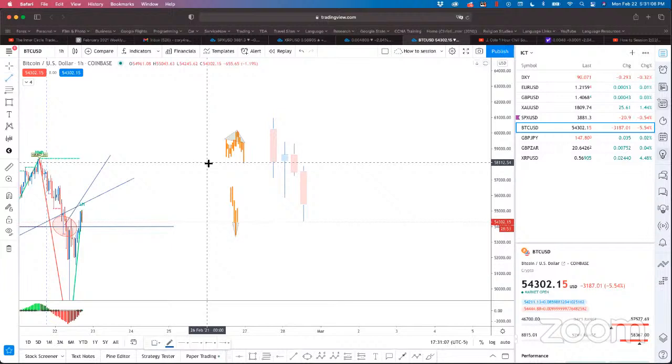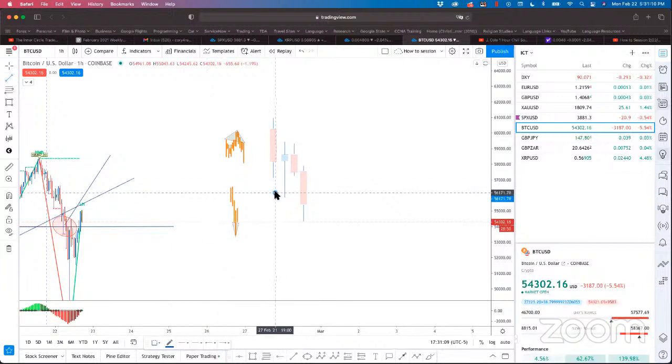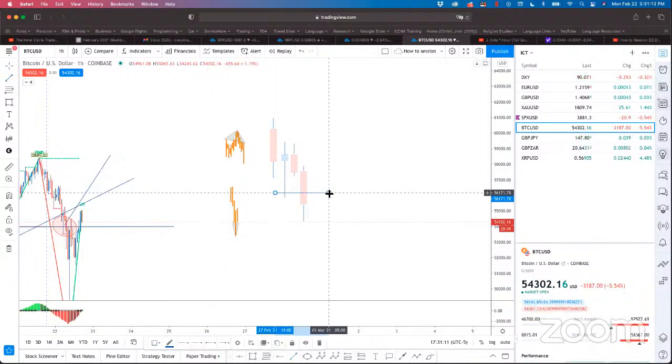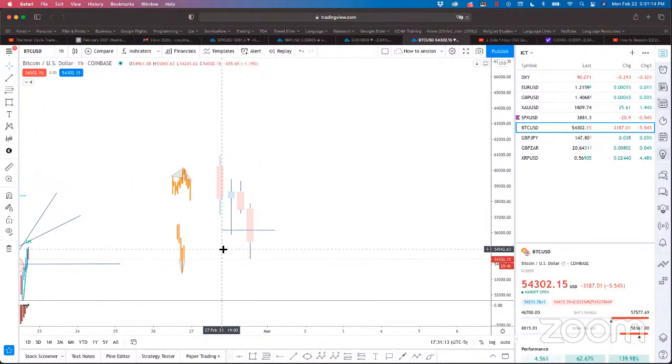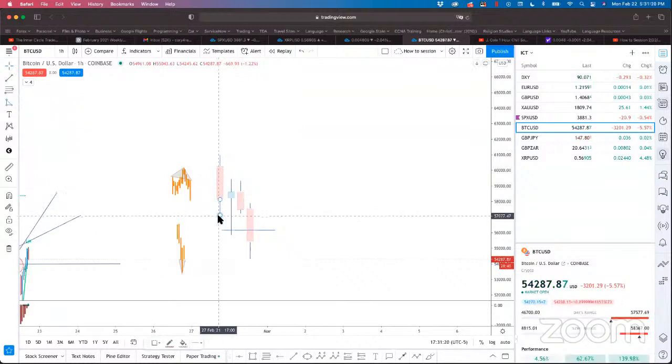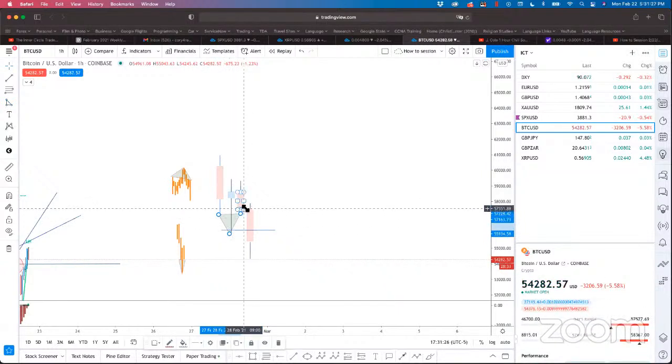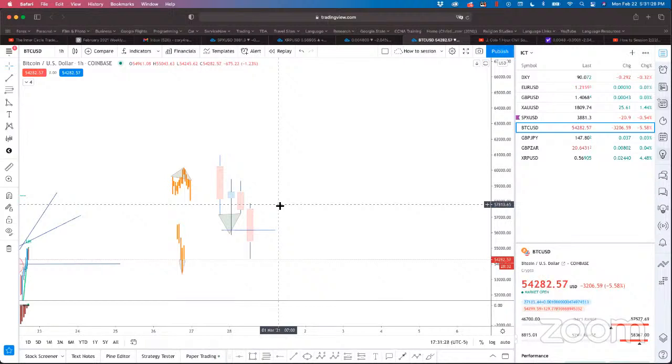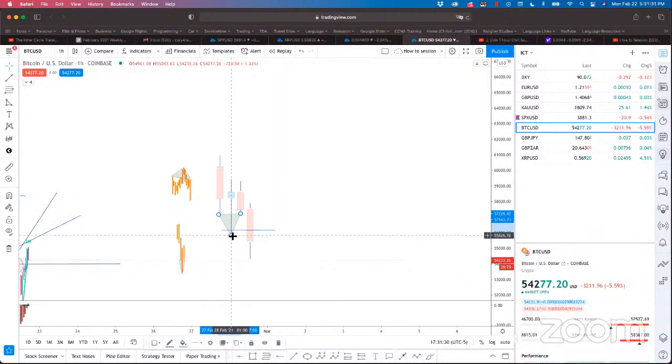So based off of the wick, the zone would have probably been right around here somewhere. I'm imagining that this is it. So you would have had your vector starting to form right here at this point, low, low, low, right? You would have tried to enter somewhere around here. But here's the thing, right?